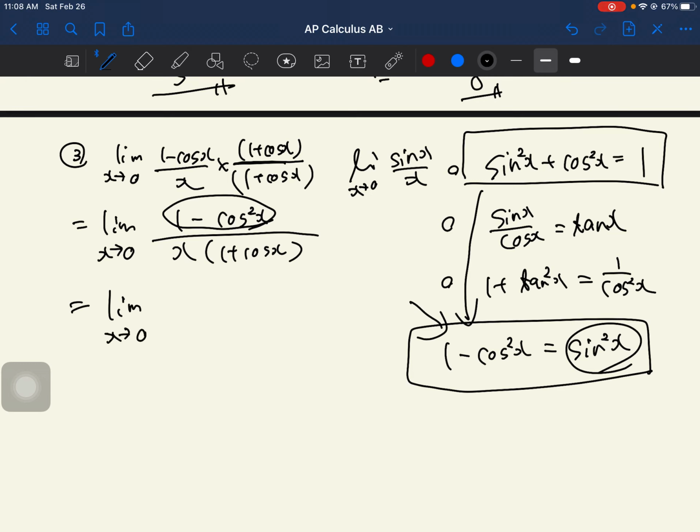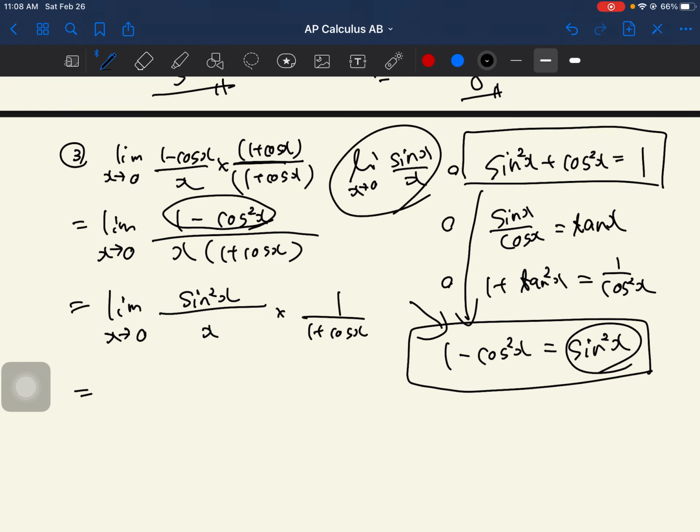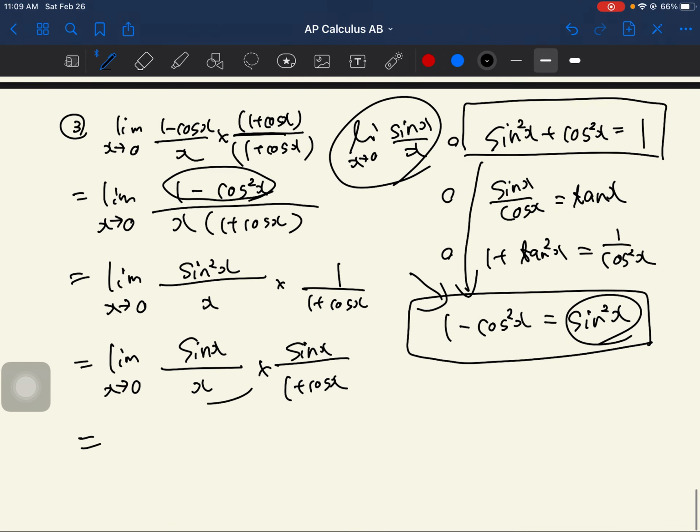Limit as x approaches 0, sine squared x over x times 1 plus cosine x, which is sine x over x times sine x over 1 plus cosine x.